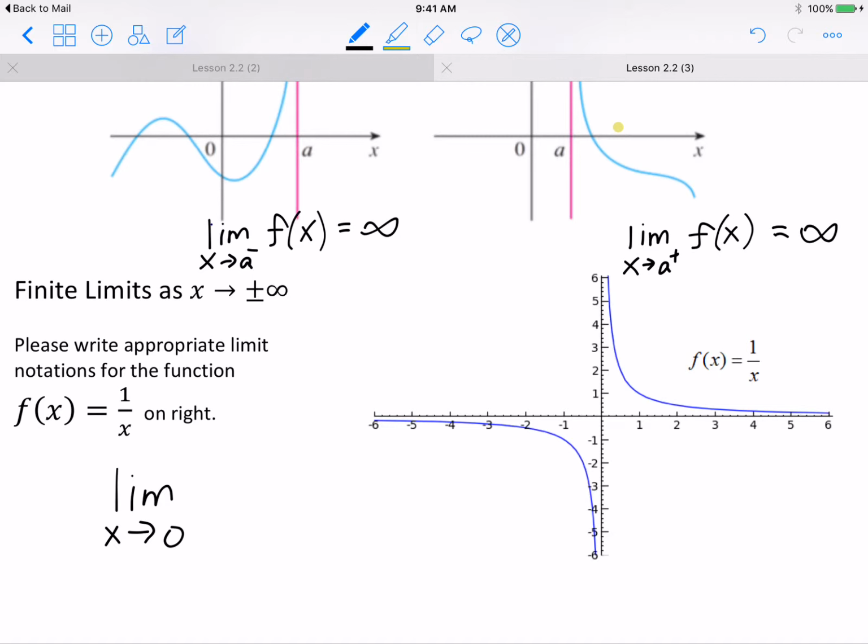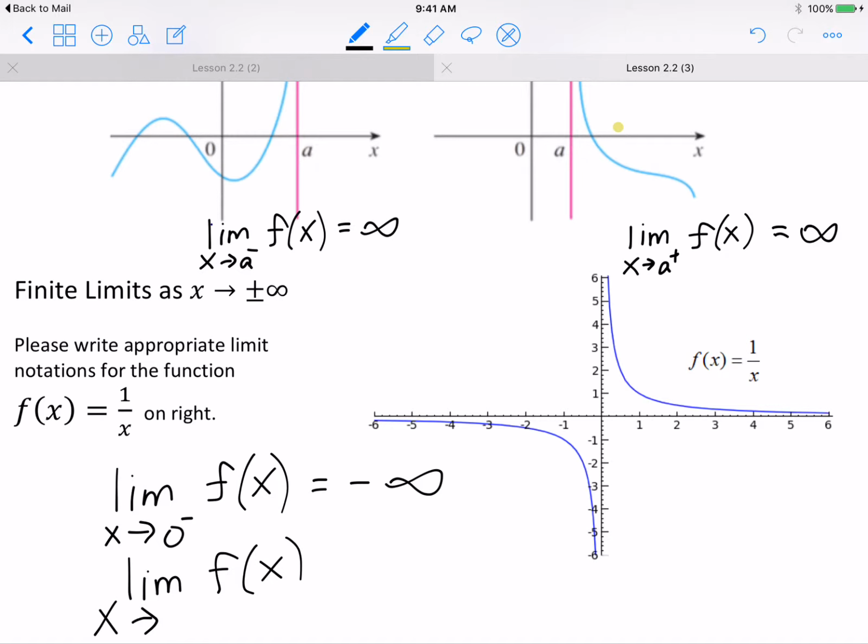As the limit approaches 0 from the left side, you'll see that the y values are decreasing. But from the right side, you could conclude that the limit is positive infinity.